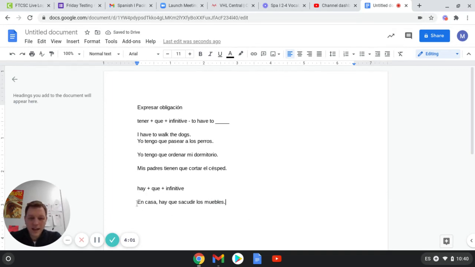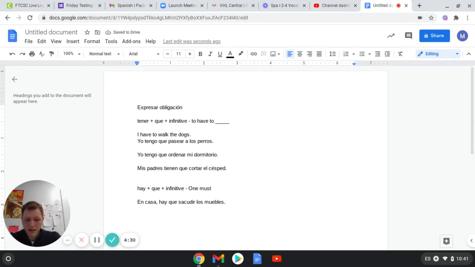This example is, at home, it is important to dust the furniture. So you might want to write down what this means: one must do blank. I can't make a blank appear because I switched the keyboard over.